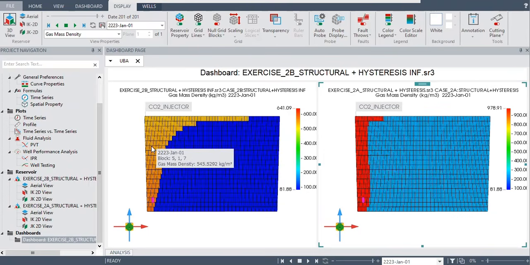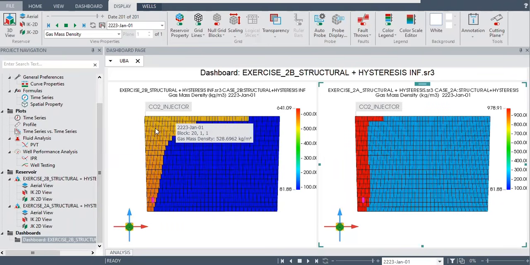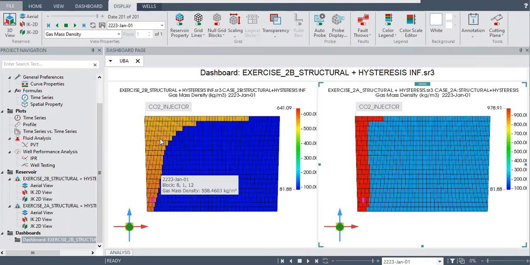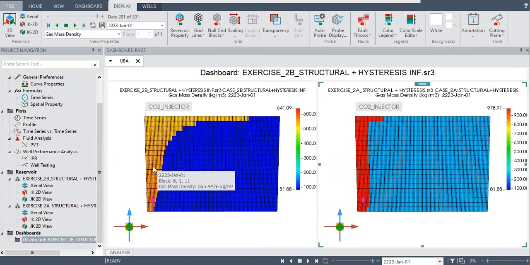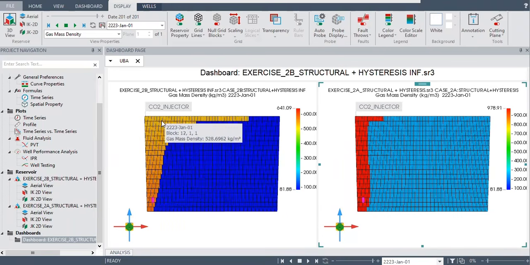But on the left, we have lower density because of lower pressure. So that's why on the left, the CO2 has a higher tendency to go up because of lower density, compared to the right case.